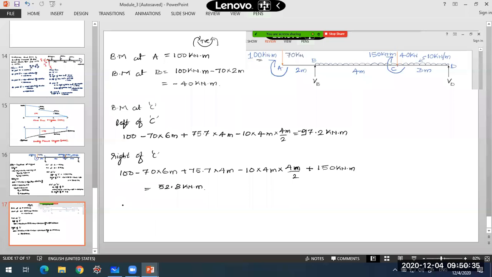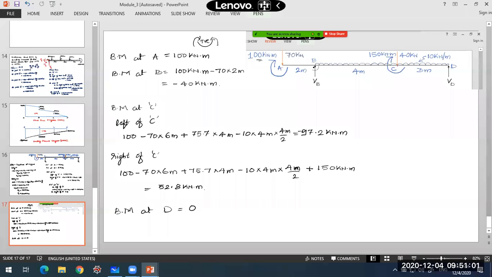At point D, the bending moment will be 0. I can directly write that the bending moment at D will be 0 because this is a hinge support. At a hinge support, the moment is 0. Here at B it will not be 0 because this is not an end support; it is not provided at the end of the beam.